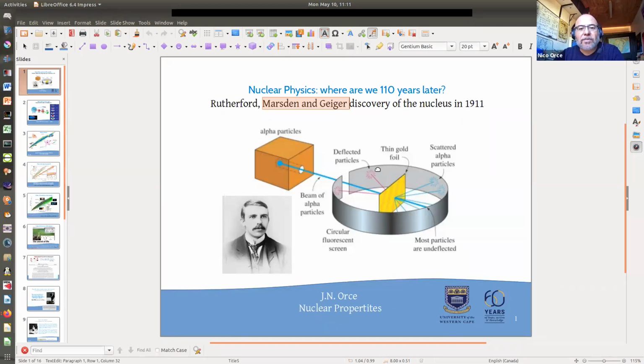In comparison, you can see the head of a needle in the center of a football pitch. That's the nucleus, and the football pitch is the atom with all the electrons going around. So that was the situation, and that was the beginning of nuclear physics.